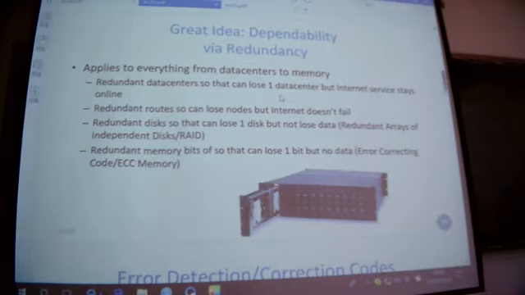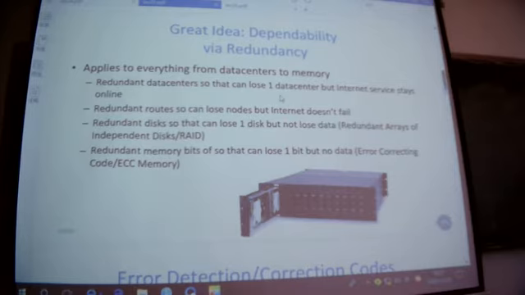Loops come from routers. In your computer network course, router is a very important term. Redundant disks, so that we can lose one disk and not lose data.